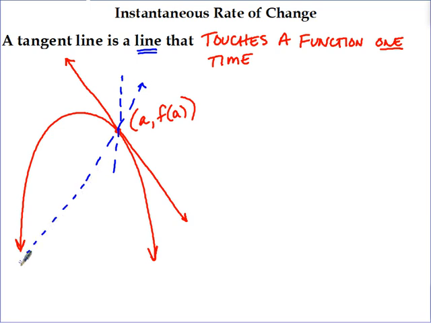If this would keep going, eventually it would touch it way down there. Because all of these have arrows. They do go on forever. So all of those would touch your parabola at 2 places. So they are actually secant lines. The red line that I drew first, that's the only line that is going to touch this parabola going through this point at one spot. So it's kind of just going to skim the side of it.